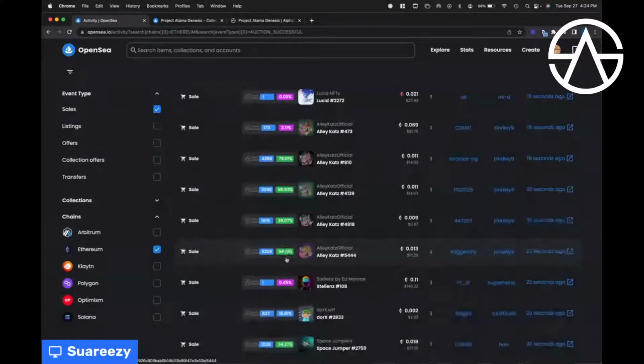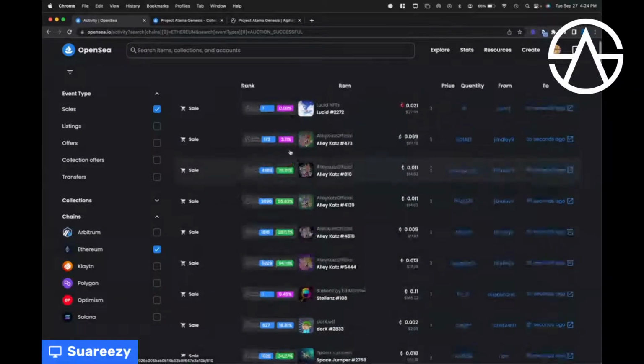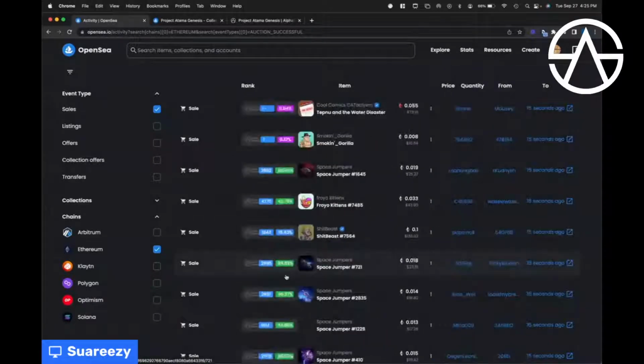The next one that you're going to see is blue. So you'll have about 10 to 20% rarity, which is probably your more uncommon or rare NFTs. So it's a very quick visual reference to see, hey, do we have something very common or something that's uncommon?